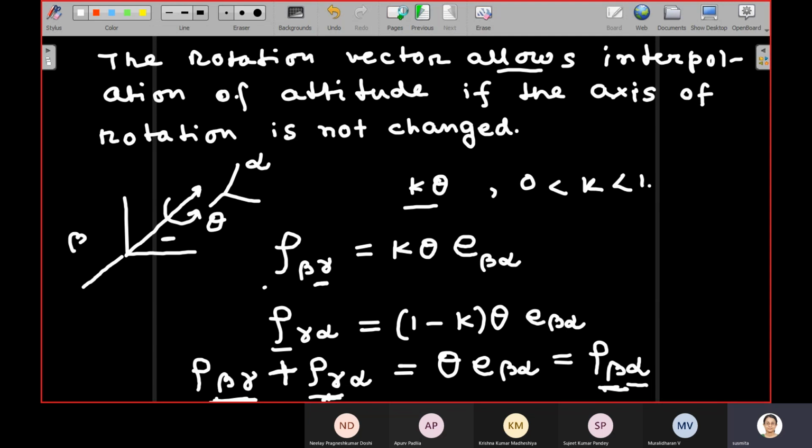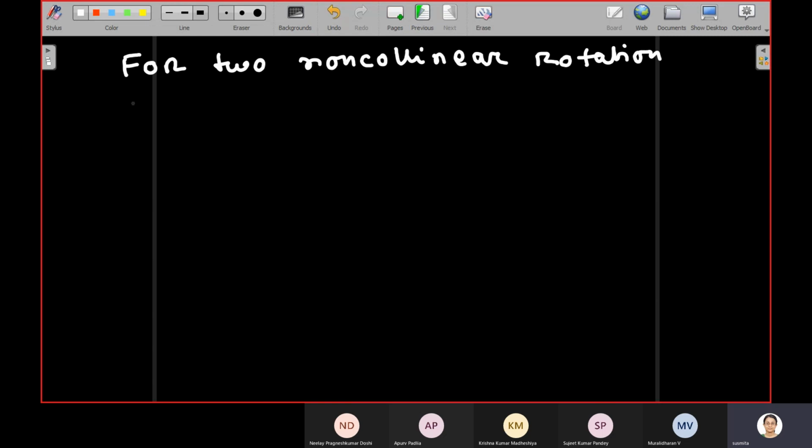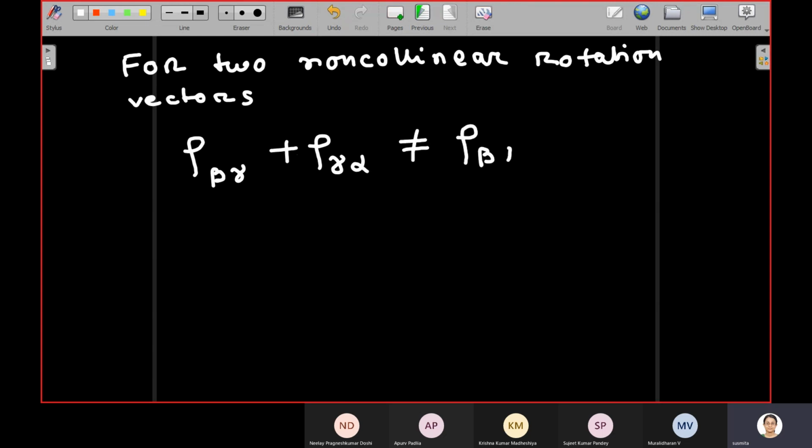So for two non-collinear rotation vectors, we cannot do the addition. We cannot say that this is equal to this one. Okay.